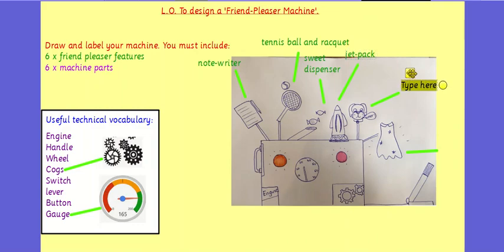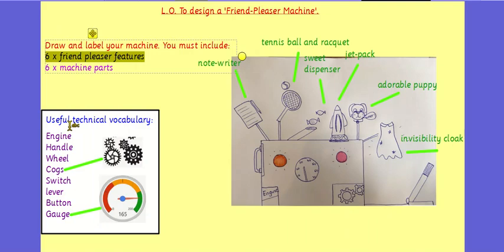I'm going to have an adorable, not a cute, we don't like the word cute, an adorable puppy for us to play with, and an invisibility cloak. Okay, so those are the special features. Those are my 6 friend pleaser features. 6 things that I want my machine to do to keep my friend happy.